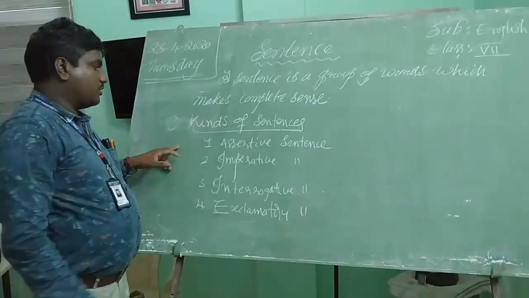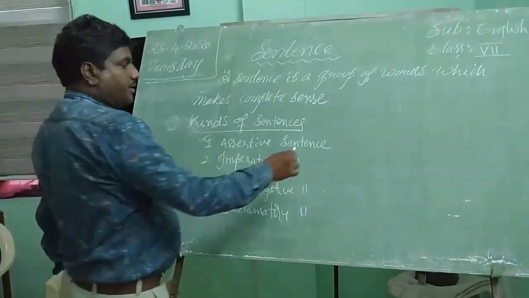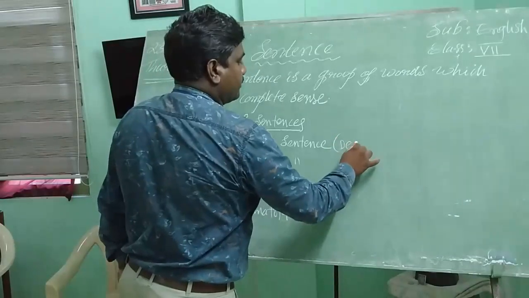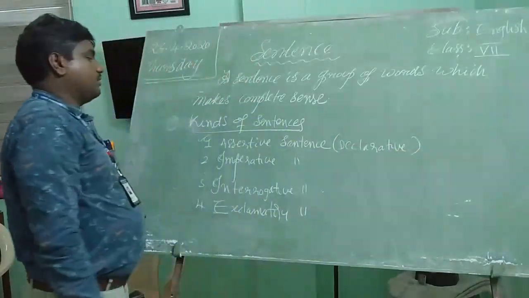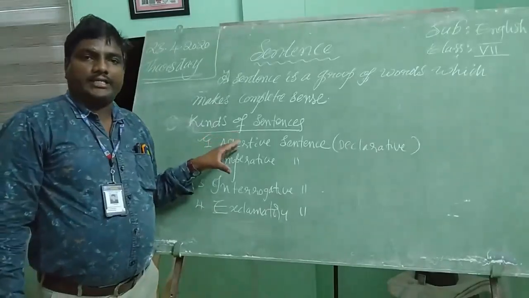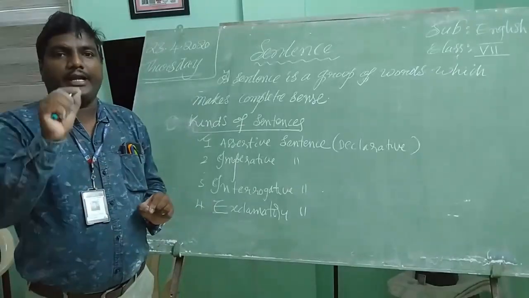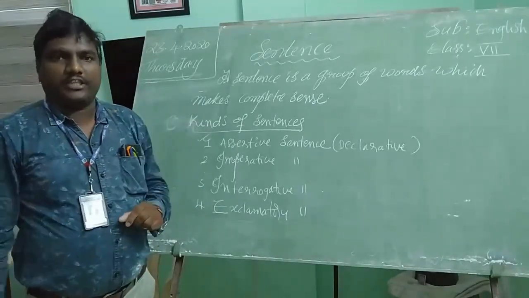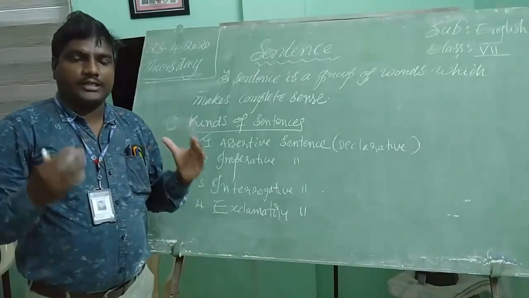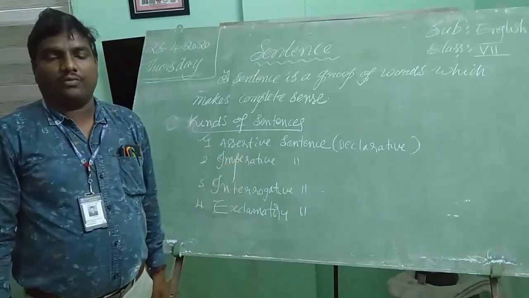First, let us learn about what is an assertive sentence. An assertive sentence is known as a declarative sentence. What are the features of an assertive sentence? An assertive sentence starts with a capital letter and ends with a full stop. That is the first point. Second point, all assertive sentences are said to be statements.